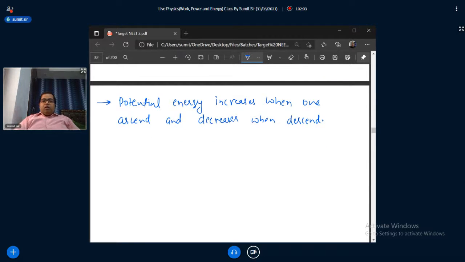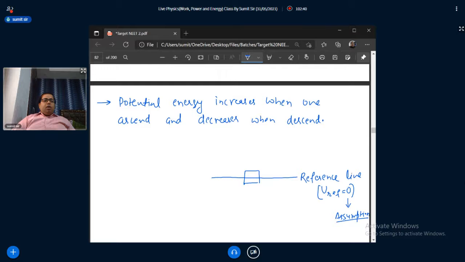What is the meaning of this? Understand. At every point we have this reference line. If you have this block on this reference line, generally at the reference we take 0. It's an assumption. You can take any value if you want, 100 joule, 200 joule, but 0 is the best option because you don't need to calculate more.